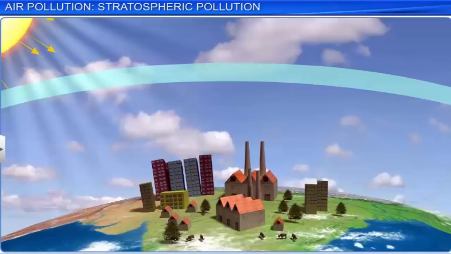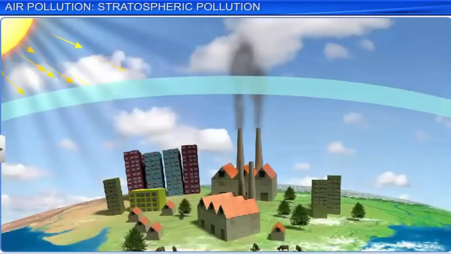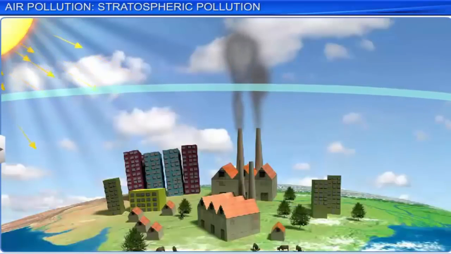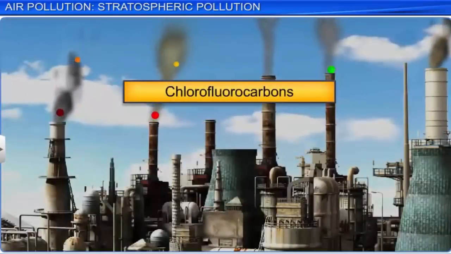Although the formation and dissociation of ozone is a continuous process, it has been observed that the ozone layer is depleting rapidly due to the increasing pollutants like chlorofluorocarbons or freons in the stratosphere.